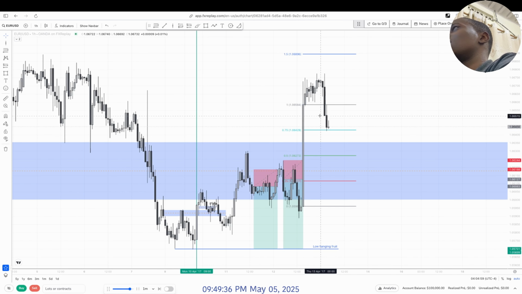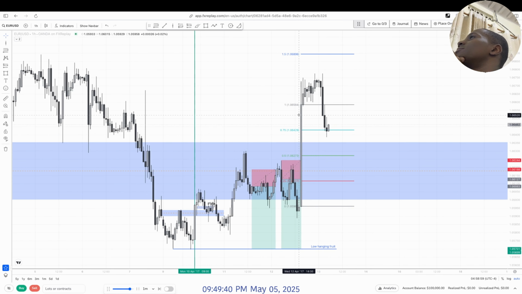So you can see it's now dropping to the midpoint of this volume imbalance. So a good entry would have been at the start of London session. Let's see if it does it. Yep, it does it. And now whatever it does, I wouldn't be concerned.